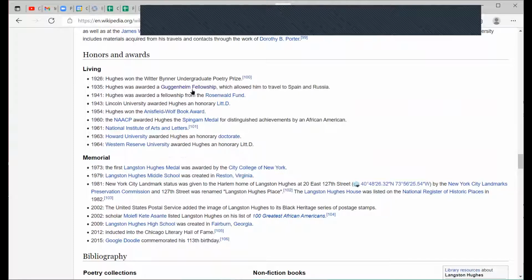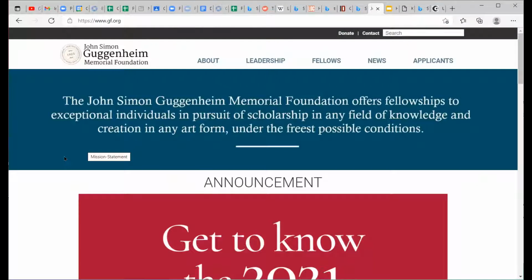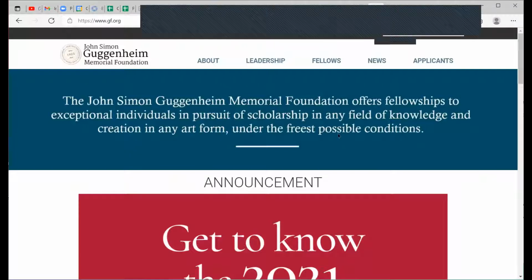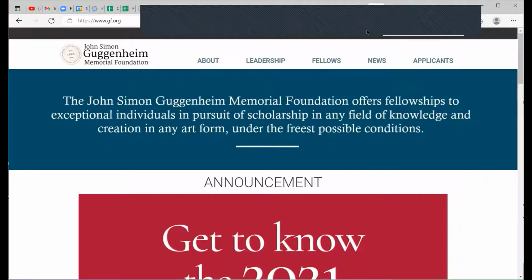But what I want to focus on is the Guggenheim Fellowship, because I've heard of that, but don't know a lot about it, right? Turns out that the John Simon Guggenheim Memorial Foundation every year for the past 100 years gives money for artists to travel and work on a particular project. And that today, if you get a Guggenheim Fellowship, it's around $43,000, right?